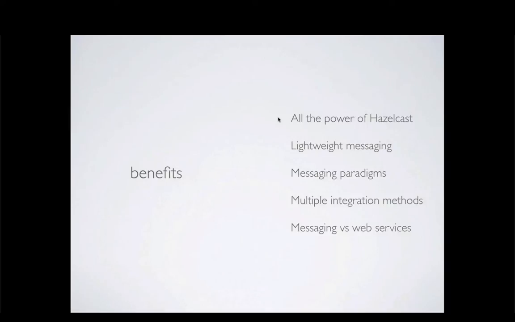HazelcastMQ provides a solid messaging-oriented API, so you don't have to reinvent the wheel. When you're working with Hazelcast Queue and Topic, they work pretty well at the data structure level. But as soon as you want to get into message expiration or retries or routing or anything like that, you need to start introducing some messaging concepts. So you get that out of the box with HazelcastMQ.